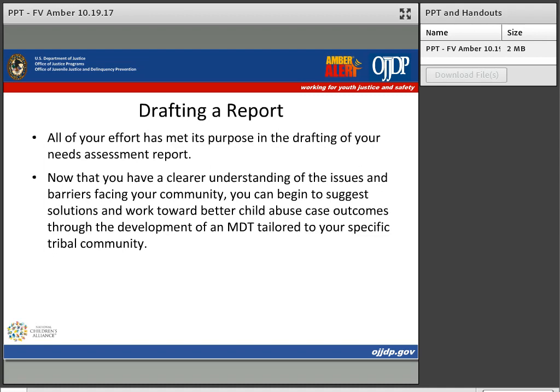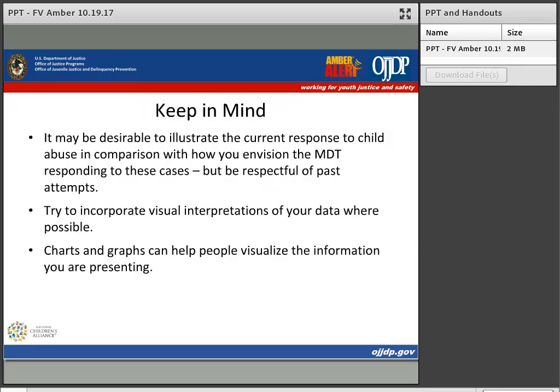Drafting a report, and this is no different than drafting a report anywhere else, but you have to understand that once your assessment is done and you understand what the barriers are in that community and you start thinking about the solutions and how you're going to work forward with that, you need to create that report that is going to come out and is going to outline your findings.